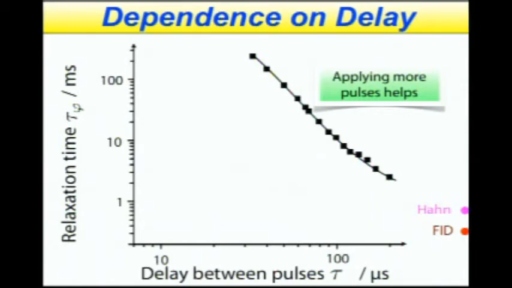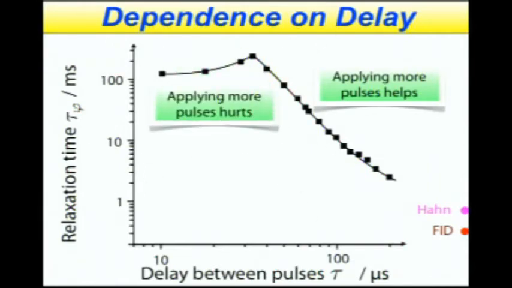So not a factor of 2 now, but a factor of 1,000. Then it becomes useful. And applying more pulses obviously helps. Now, maybe you would expect that this curve continues like that. Unfortunately, it doesn't. It saturates and even decays a little bit.